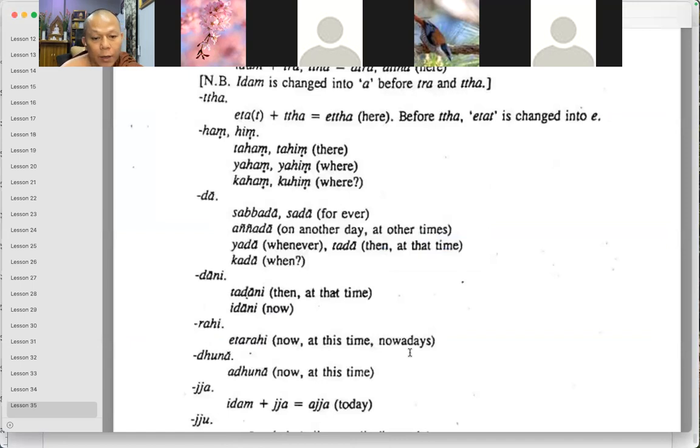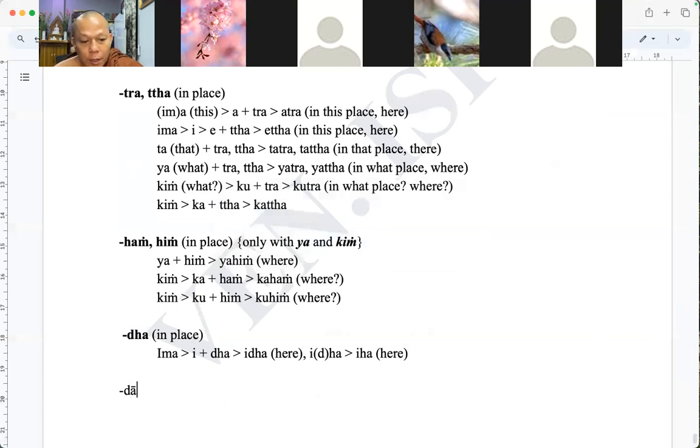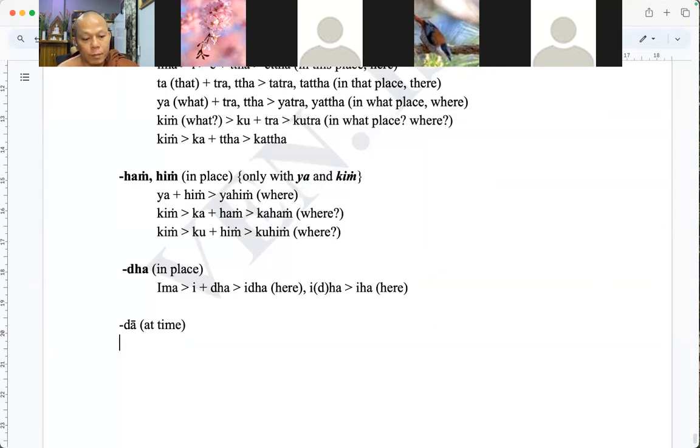And then now another one is da. That da is actually commonly at time. So for example, da and the, so da, at that time. Literally at that time.